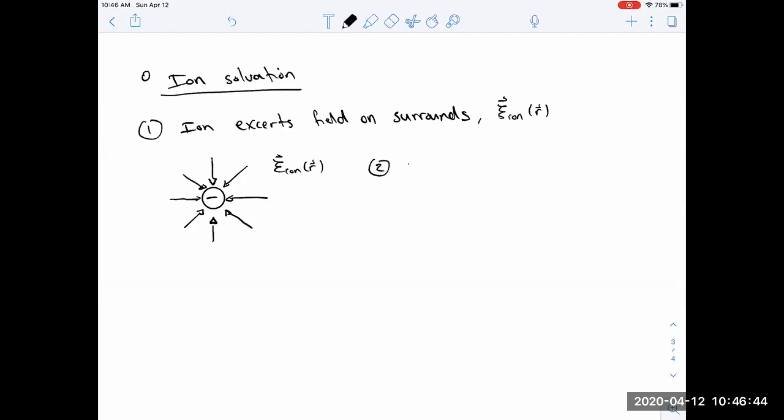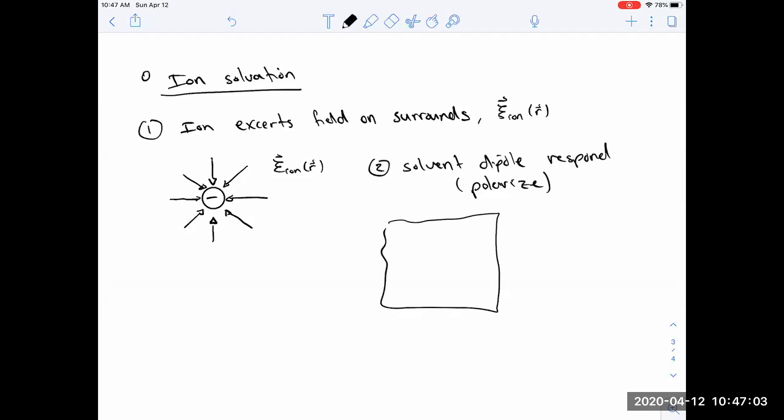So the solvent dipoles respond. And by their response, what we mean is that they will polarize. So if I was going to draw our little slab model, our little cellular model for the solvent, we have an ion in the center. Those dipoles like to align with electric fields.